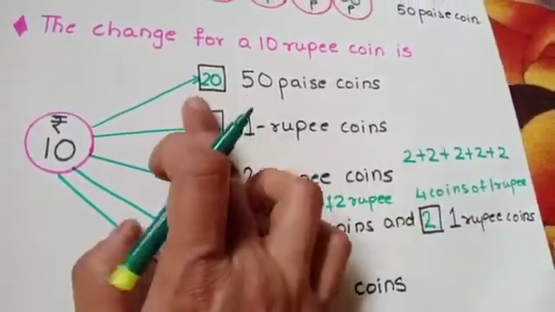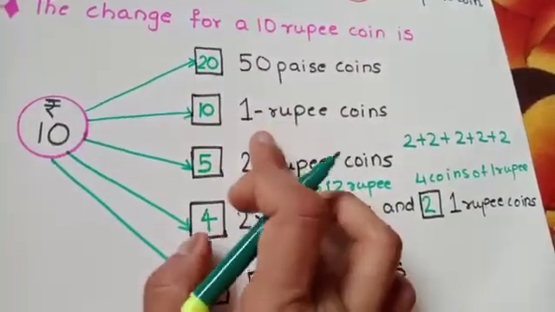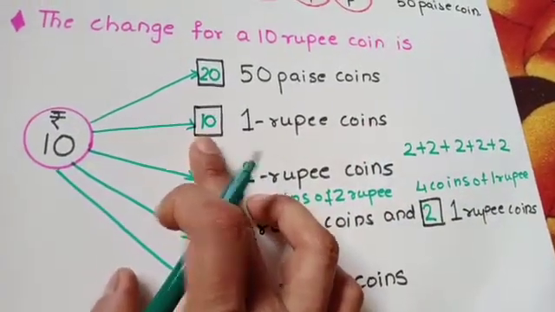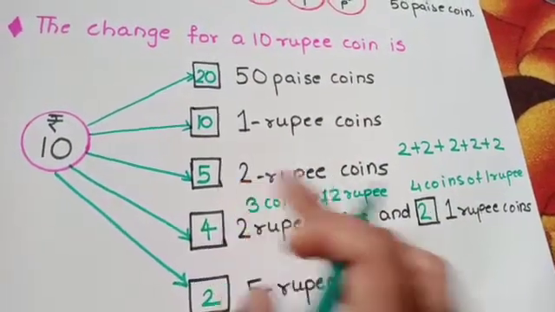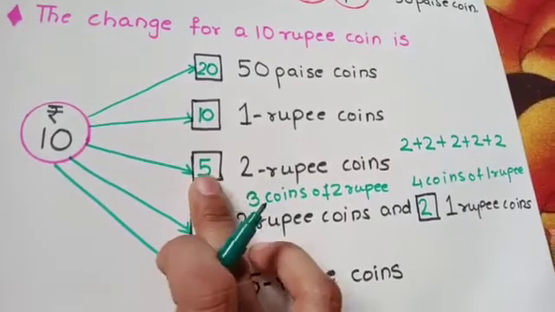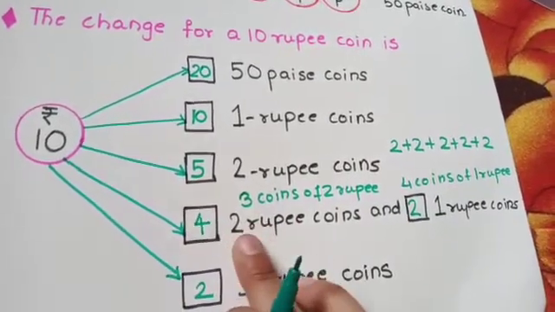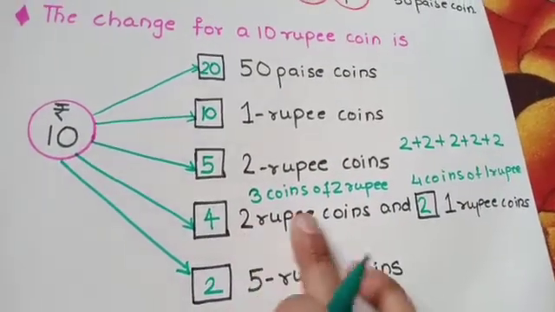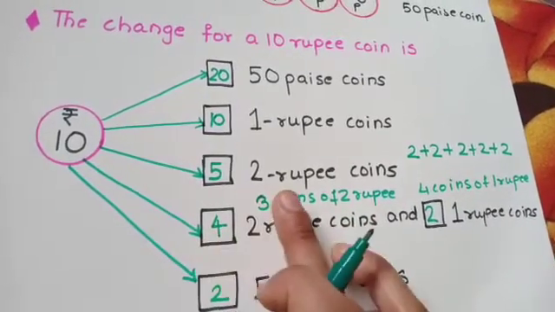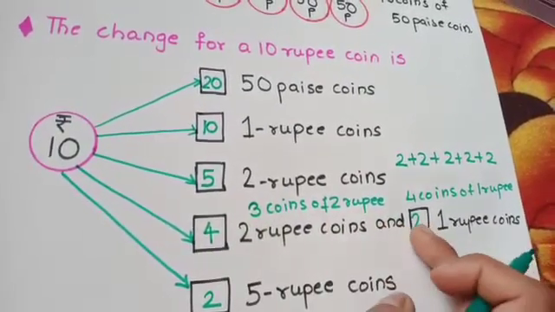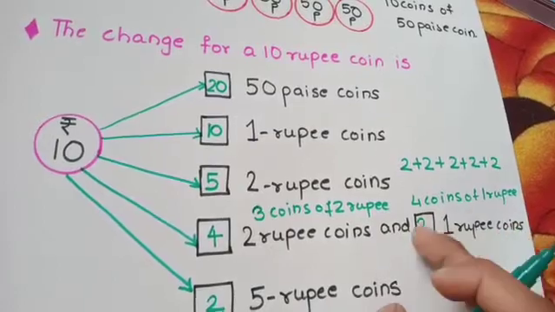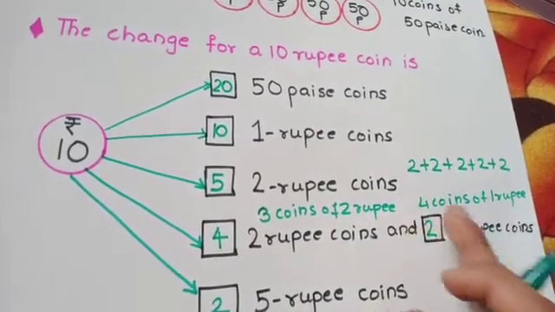50 paise coins, how many can we give? 20. 1 rupee coins we can give 10. And 2 rupee coins, how many can we give? 5 coins of 2 rupees. Or 2 rupee coins we can give 4 or 3. And in exchange 1 rupee coins we can give 2 or 4.